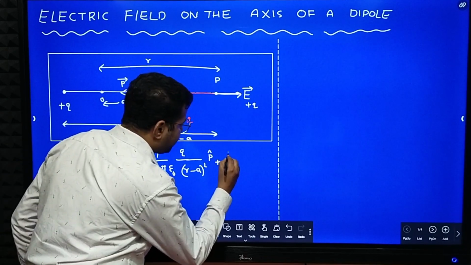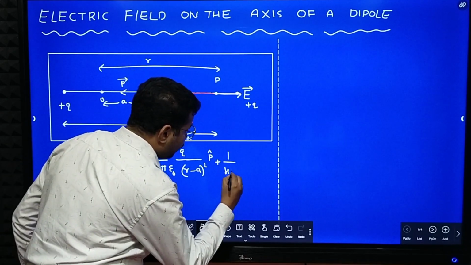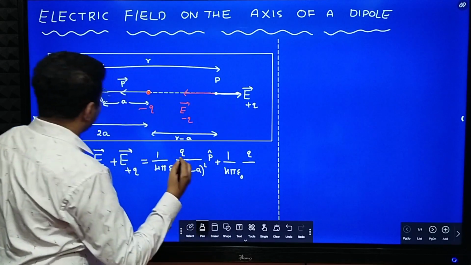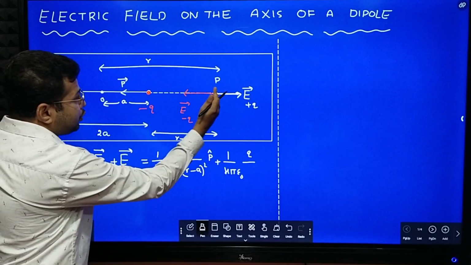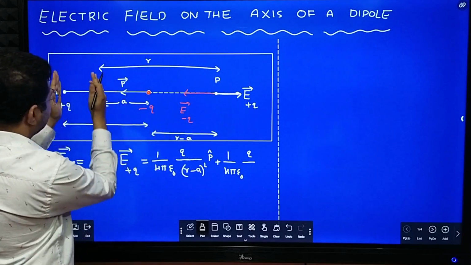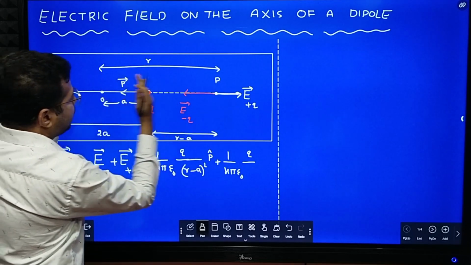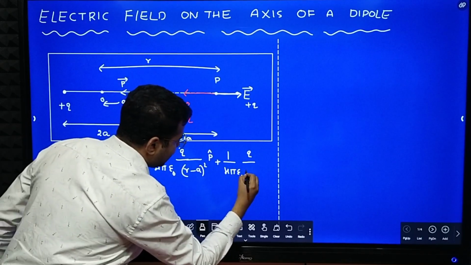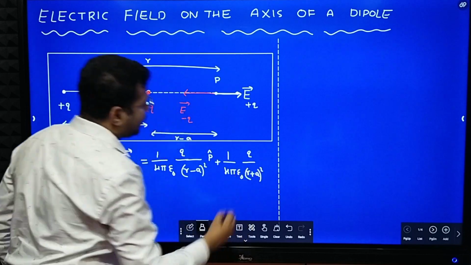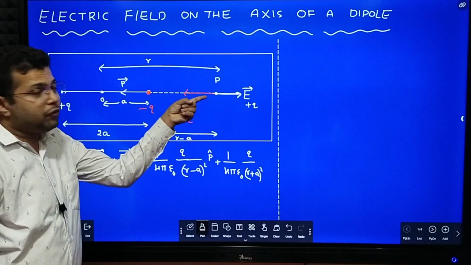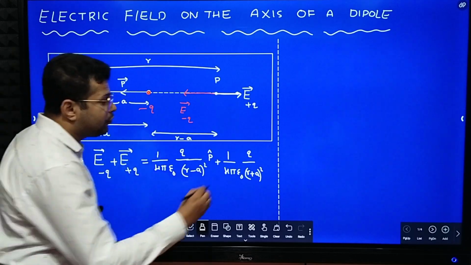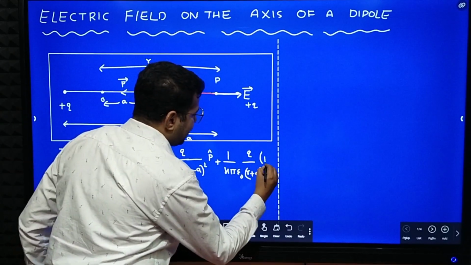What is electric field due to positive charge? 1 by 4 pi epsilon naught into q divided by, what is the distance between plus q and point P? r plus a. You see, this distance is a, correct? a plus r. So I'll write r plus a whole square into, what is the direction? Electric field due to positive charge is opposite to electric dipole moment. Therefore I'll write minus p cap.